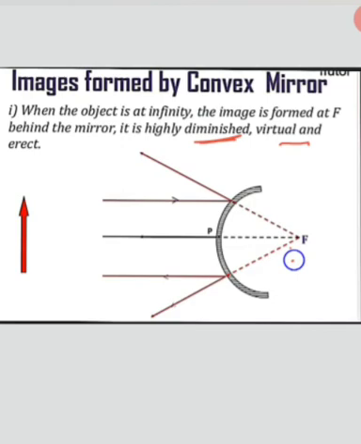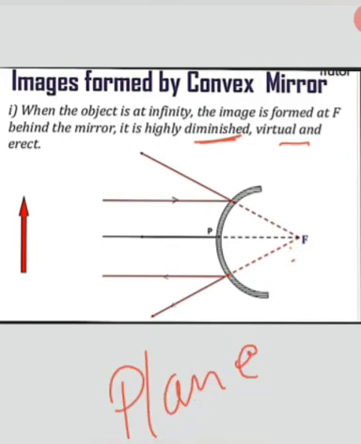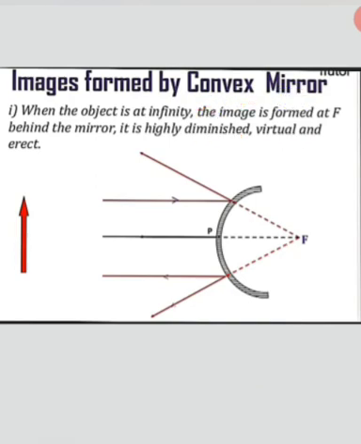A convex mirror always gives a virtual and erect image. When I was telling you about virtual images, I told you that a virtual image is generally formed by a plane mirror as well as this convex mirror. And in one case of a concave mirror also a virtual image is formed, but that is not considered much.